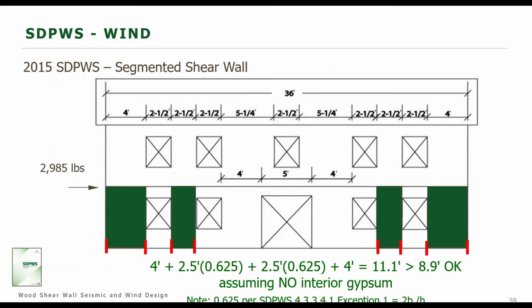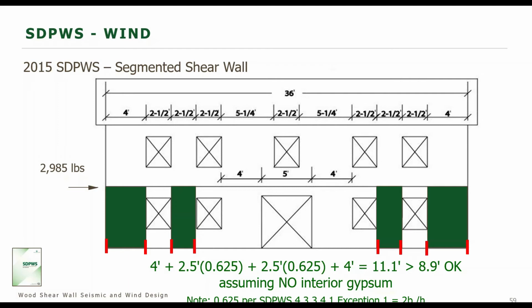So for the SPDWS example, we did take a look at this higher aspect ratio segment to meet our full height segment demands. So we have 2 kind of tall, skinny segments between the windows here that are 2.5 feet wide, and we would need to adjust them based on those high aspect ratio adjustment factors we took a look at.